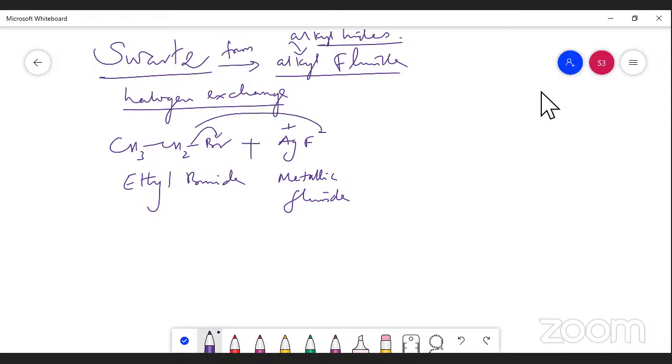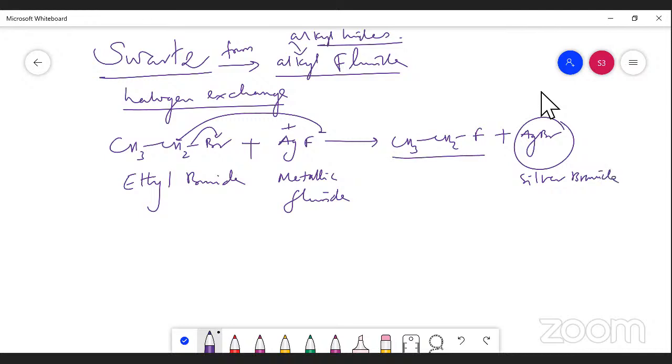Now if F minus approaches here, the product formed is CH3CH2F plus AgBr. Silver bromide is formed, and CH3CH2F is ethyl fluoride.